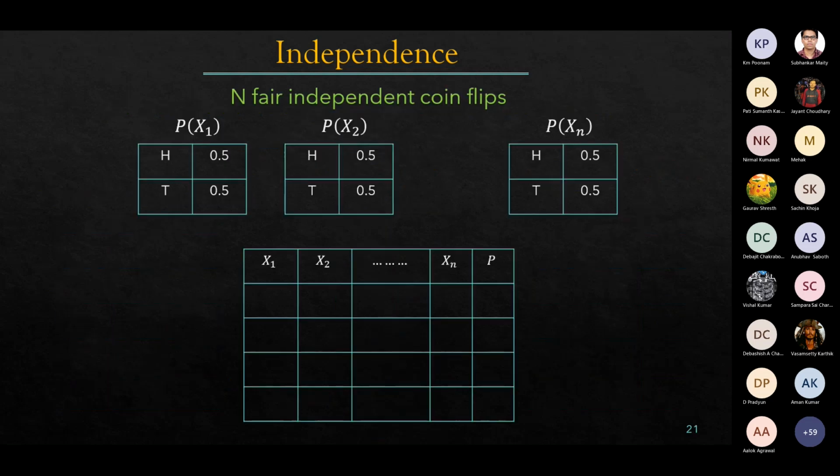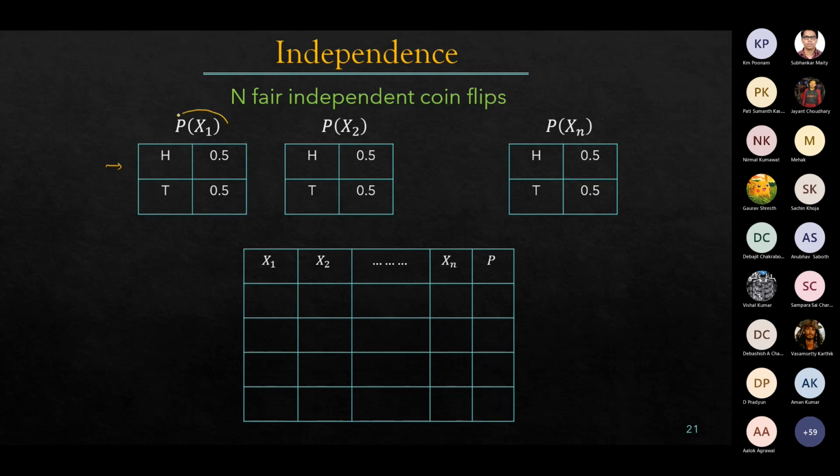Now, why is independence so important to us? So let us take into account an event where you have a fair coin and you are flipping the coin for n trials. So there are n trials and we are flipping a coin at every trial, and you have a probability of head and probability of tail.